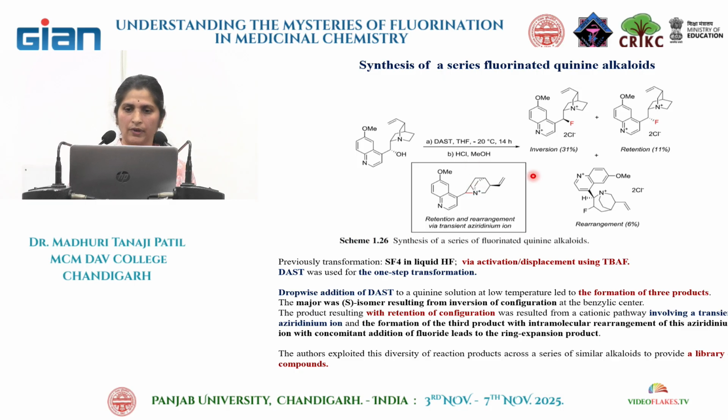So whether it is your medicinal chemistry or organic chemistry, you have to always look around your reactive site, how it is going to alter your way. Okay, you are desiring something, and if you are not getting it, you have to see, or initially only you have to say that okay, here it is there, so it might affect the stereochemistry. Okay, so you will see that even though the inversion compound is the major one, you are getting another two compounds as well.